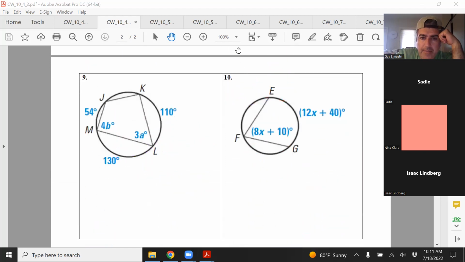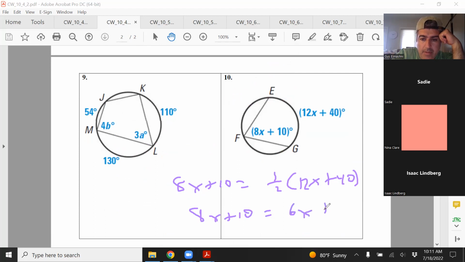And then here, this angle, 8x plus 10, has to be half of the arc it intercepts, which is 12x plus 40. X equals 5.